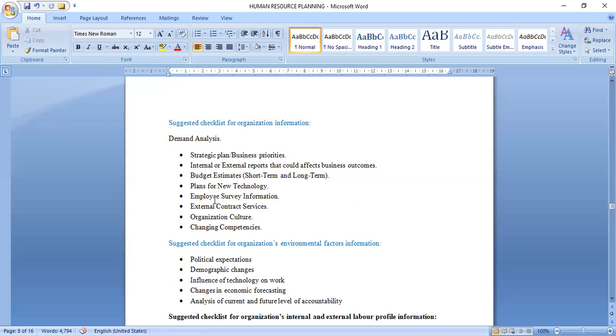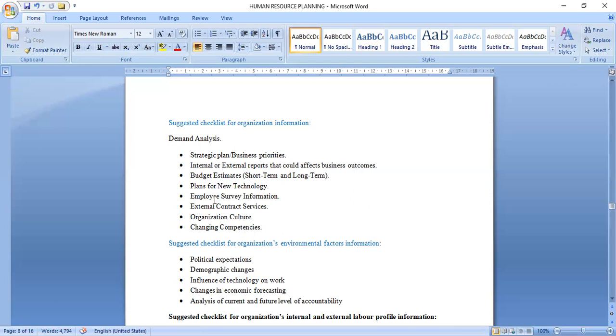You may ask them if they are willing to be trained, right? For example, if they are willing to be trained to acquire the relevant skills that you may need for the new equipment or machinery that will be coming in later in the future, then you do not need to recruit people outside the organization.